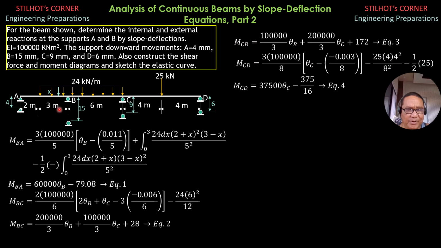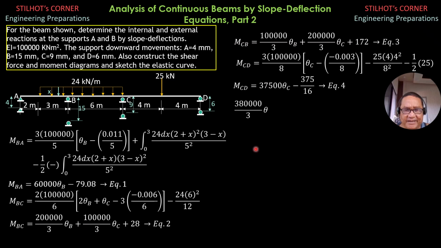Then apply equilibrium at B, MBA plus MBC equals 0. So equation 1 plus equation 2 equals 0.